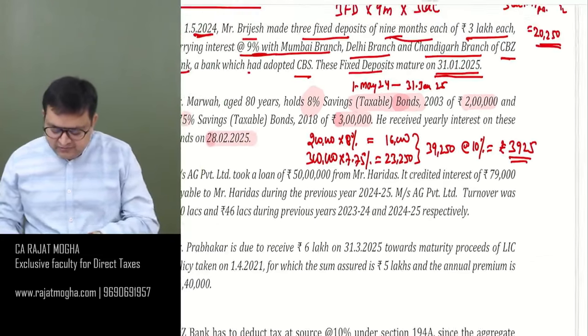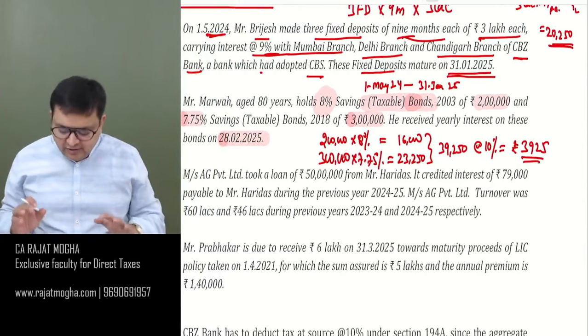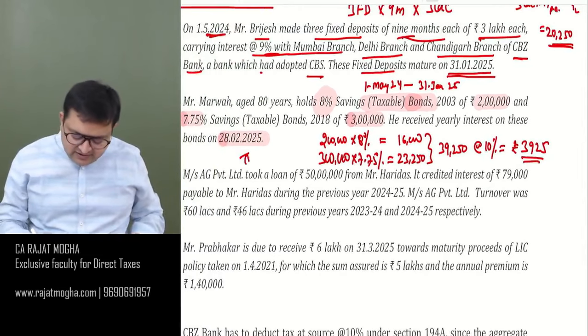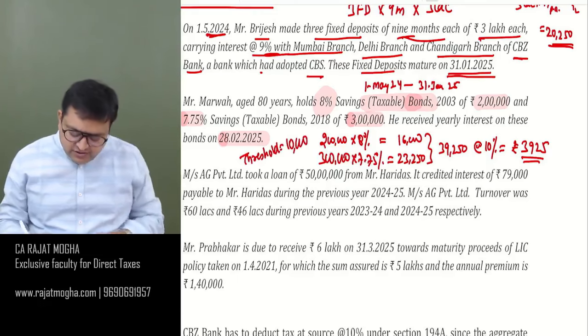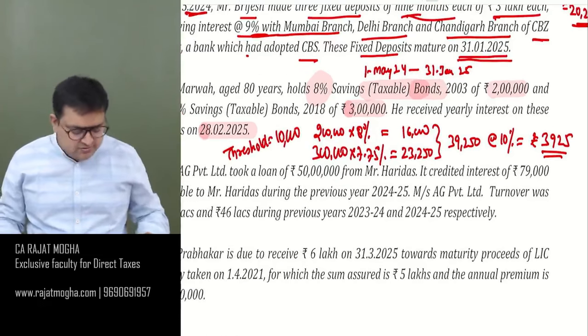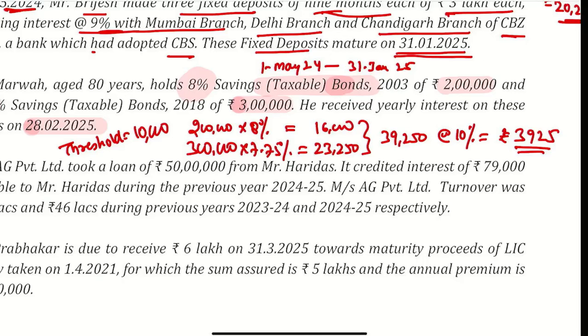Please write it. So I'm not writing the complete thing. I think that you have understood. Also, please write that here the threshold limit is 10,000. Write in short. I think you will be able to do it. Write in your register. Threshold limit is 10,000 over here.